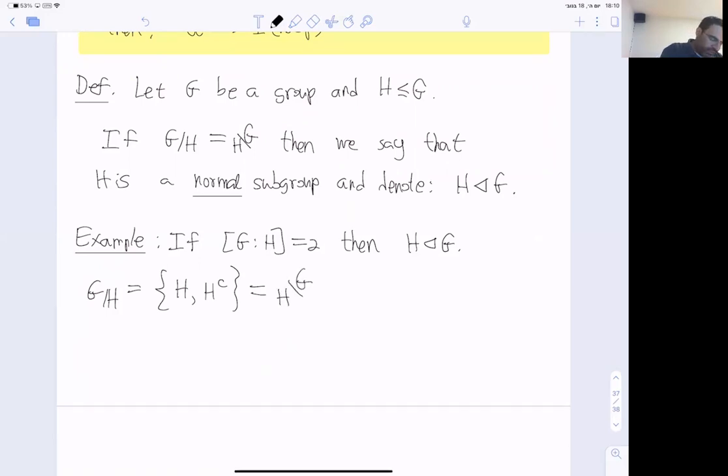Okay. For example, if G is our GL2 over Z2, and H, now I'm going to take H not of order 2, because with order 2 the index was 3. Let me take H of order 3. Then the index must be 2 by Lagrange.